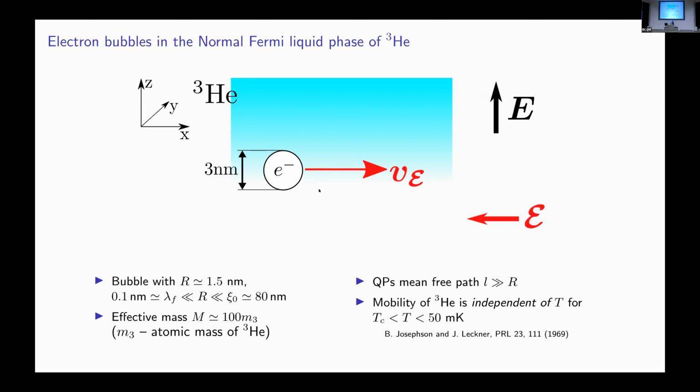A key observation is that the large cross-section at low temperatures leads to a temperature-independent mobility in the normal state above the superfluid transition. And from that, we can determine the ionic radius of the electron.